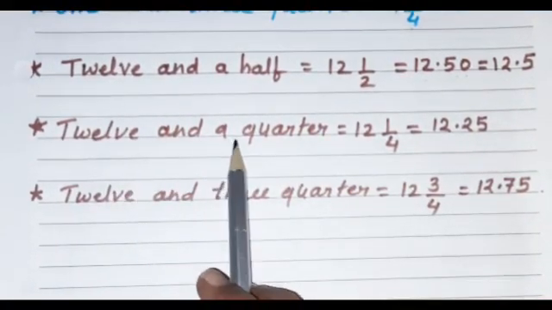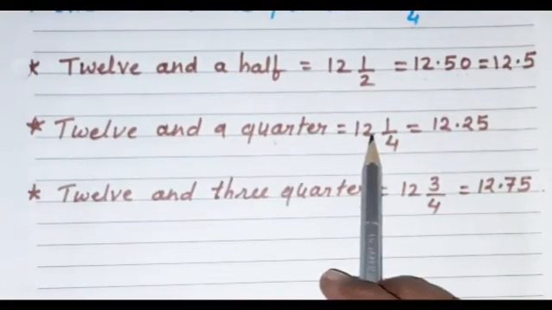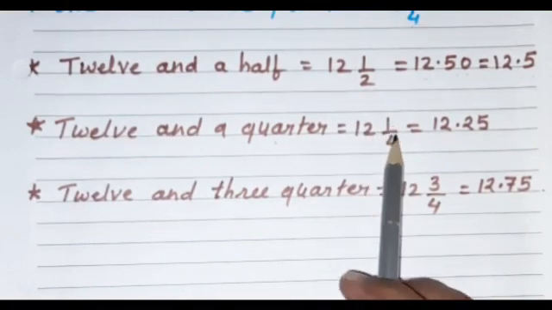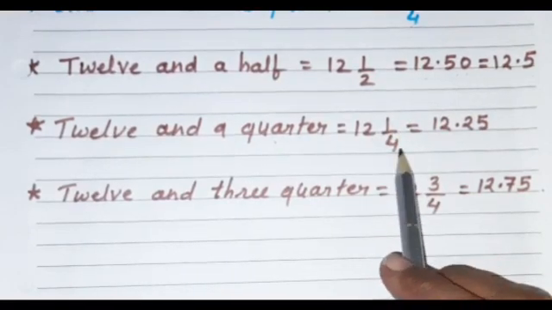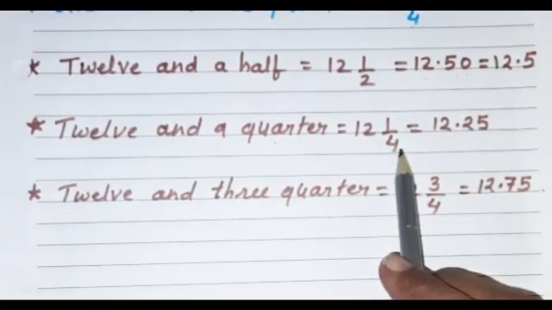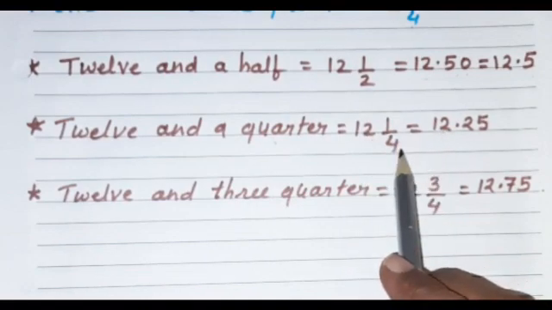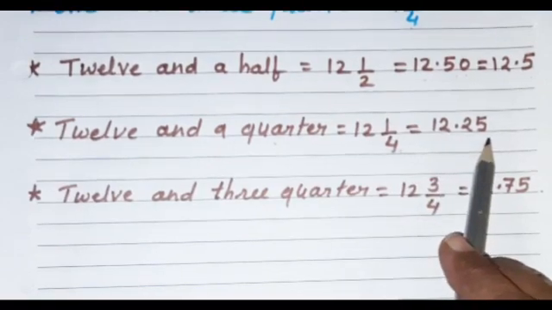Next, 12 and a quarter. Now 12 is written as it is, and quarter is 1 upon 4. So in fraction, 12 and 1 upon 4. Now write this 12 and 1 upon 4 in decimal form. 12 is written as it is, and 1 upon 4 means 0.25. So here 12.25.